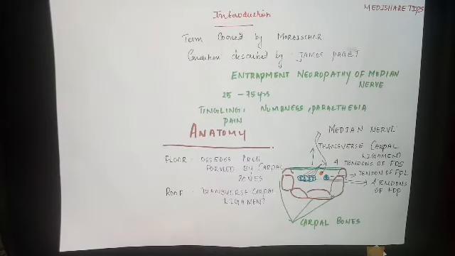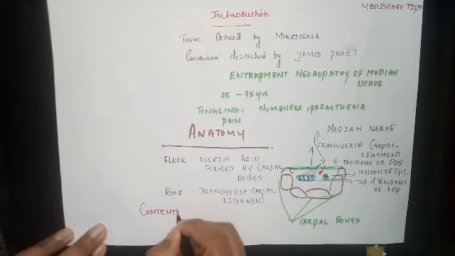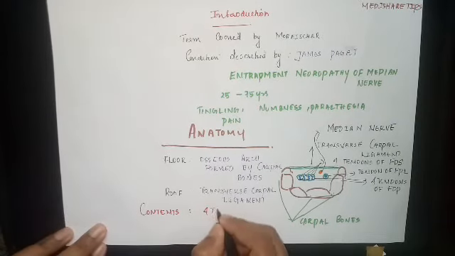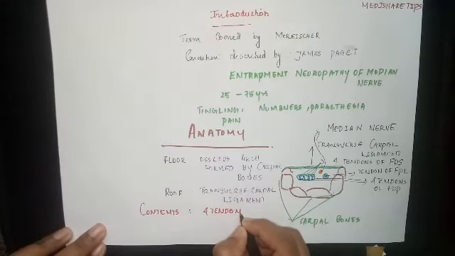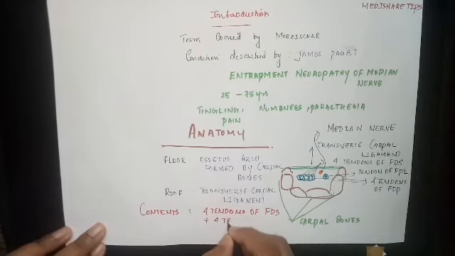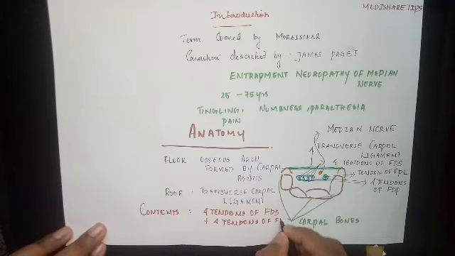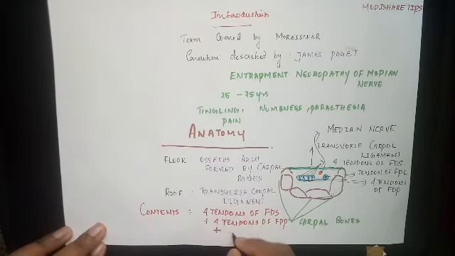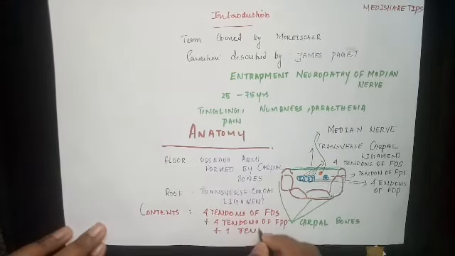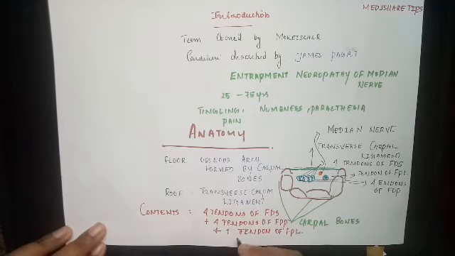So the contents of the carpal tunnel are four tendons of flexor digitorum superficialis plus 4 tendons of flexor digitorum profundus plus 1 tendon of flexor pollicis longus and the median nerve.